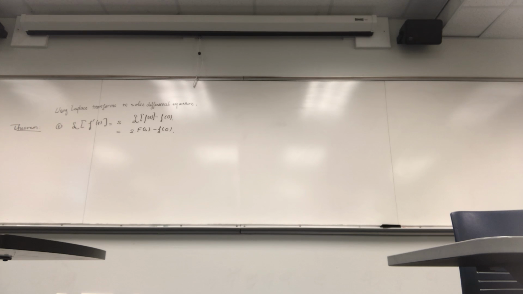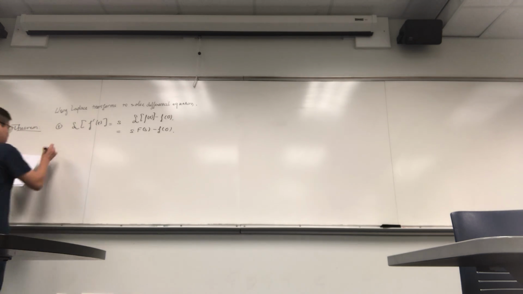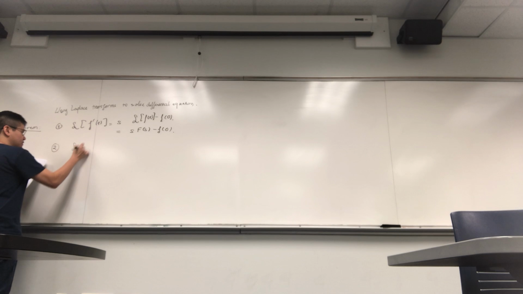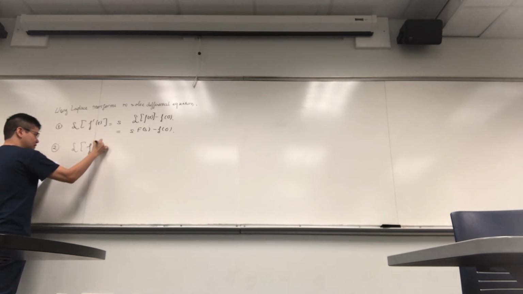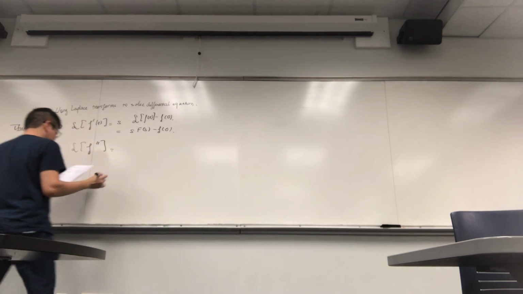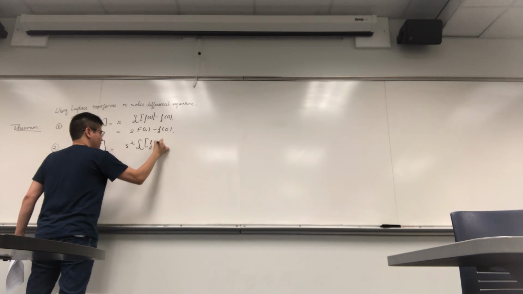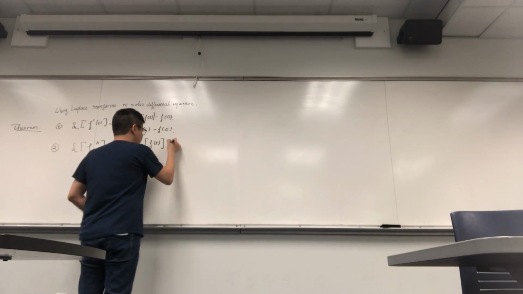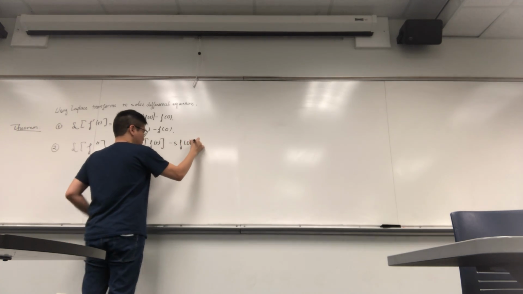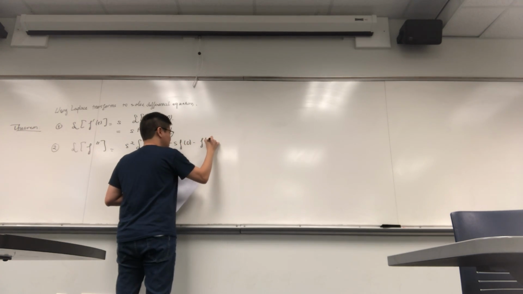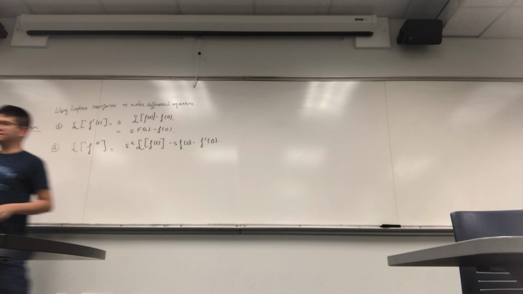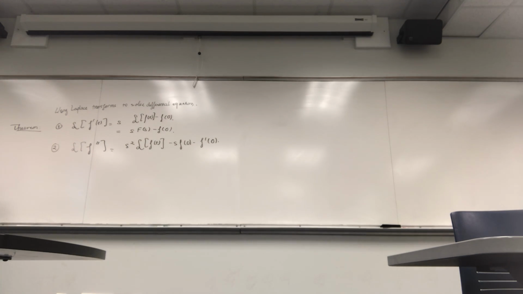So now if you continue to use this formula, you're gonna get the Laplace transform of f second will be s squared times the Laplace transform of f minus s f(0) minus f prime at 0. All right? So the next step is to compute the Laplace transform of f second.